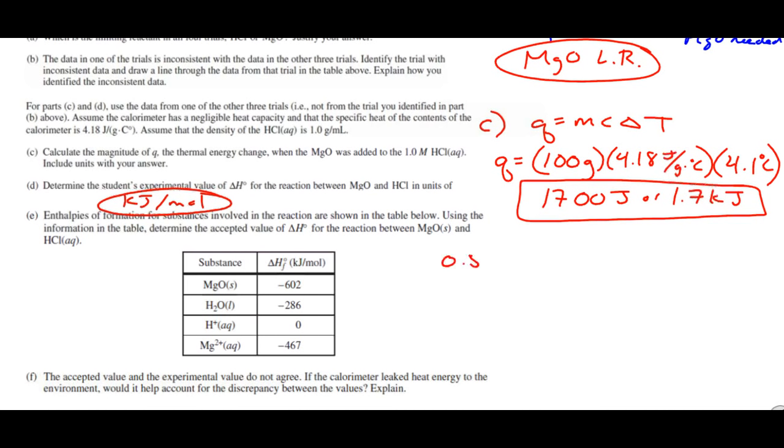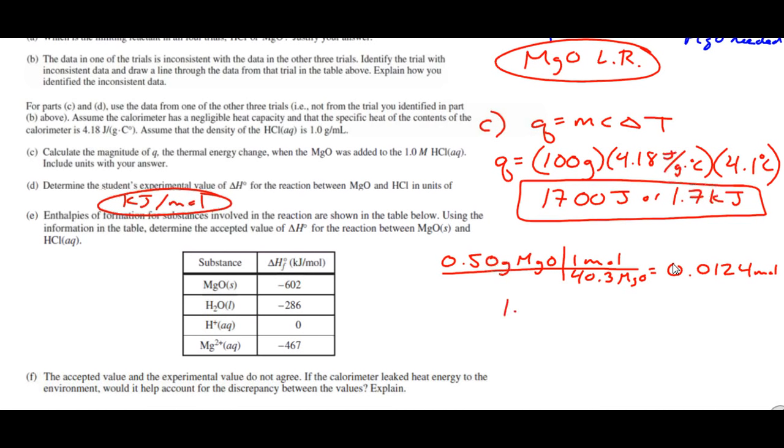So that trial that we just did, I had 0.5 grams of MgO, right? And I already did this work, but I'm going to just do it again. Right, I did this above. So now I need to take these two and divide them over each other.